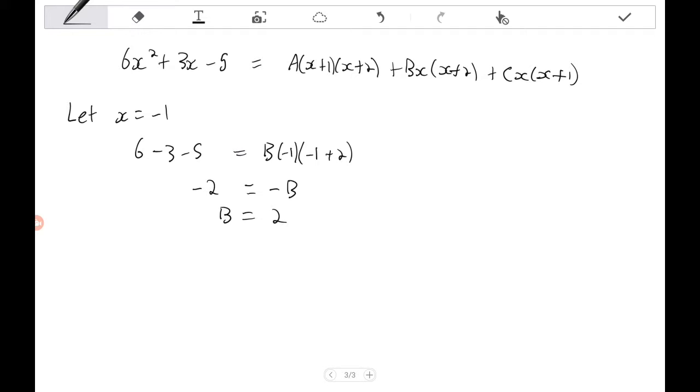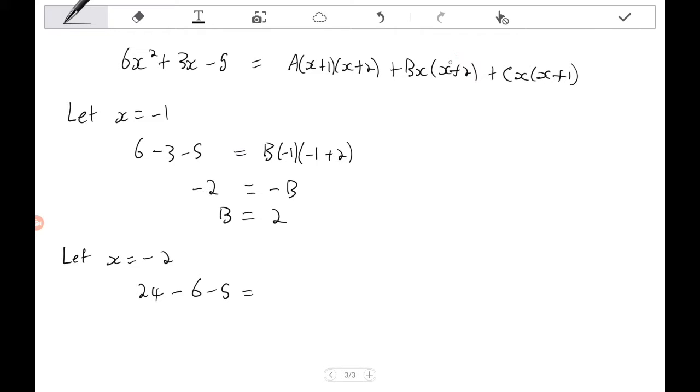Okay, we pick another convenient value. This time we're going to let x equal minus 2. And we'll have that it's 6 times 4 this time, which is 24, minus 6 minus 5 will be equal to, again, this term immediately becomes 0.